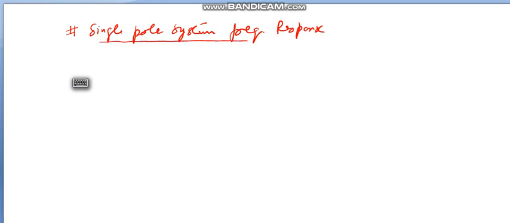Now single pole system is given by 1 divided by s by omega p. Omega p is pole frequency, so this can be represented by magnitude and phase response.